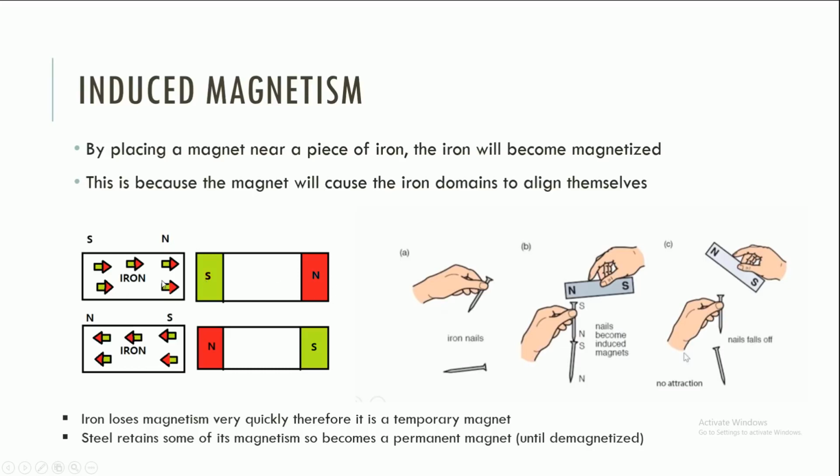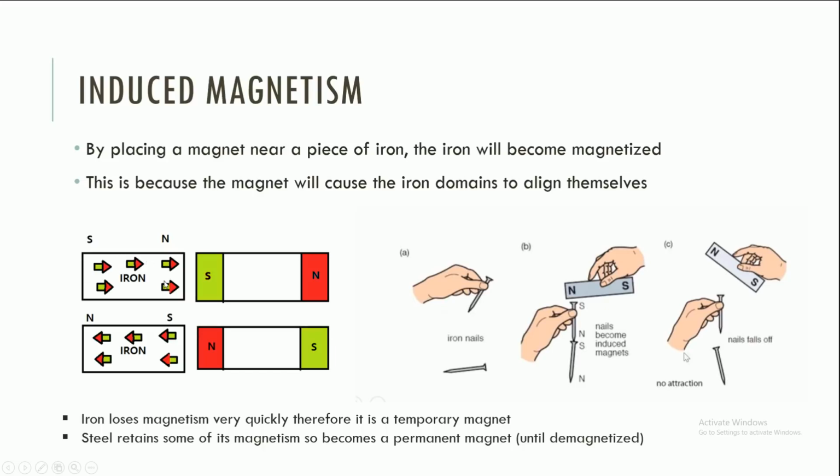Now, initially, of course, all the domains will be randomized, as I said, in iron, which is not a magnet, at least not quite yet. If you put a permanent magnet like the one over here on the right next to a piece of iron, these little domains will actually orientate themselves. Again, as I said, opposite poles will attract each other. So if you've got a permanent magnet with a south pole right over here, then these little domains will all orientate themselves so that the North Pole is attracted towards the South, so hence you get the alignment of the North Pole towards the right and the South Pole towards the left.